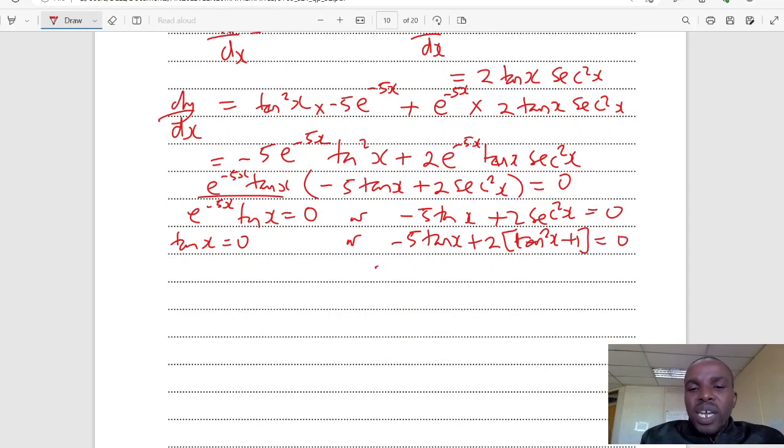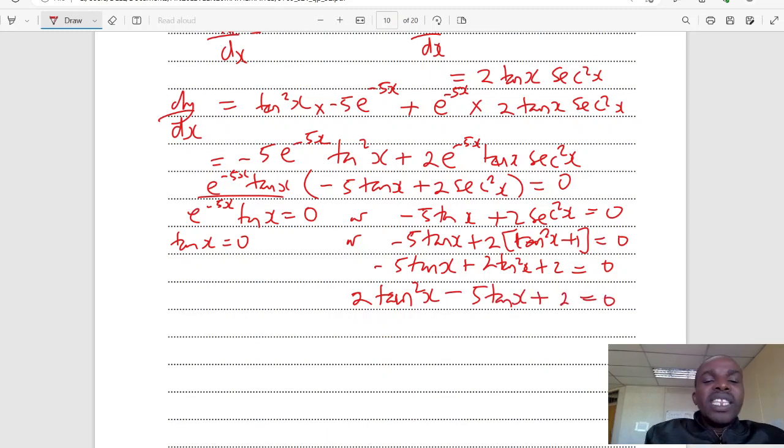Then I can simplify this part. It's minus 5 tan x, then plus 2 tan squared x plus 2 is equal to 0. Then expressed as a quadratic, it will be 2 tan squared x minus 5 tan x plus 2 is equal to 0.